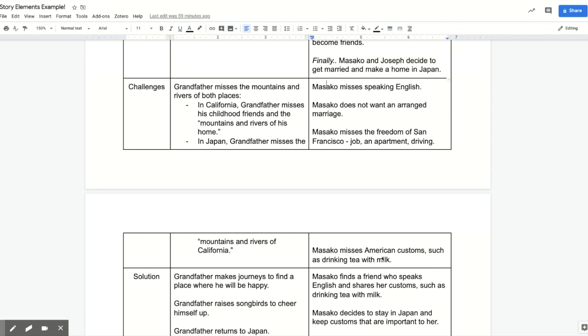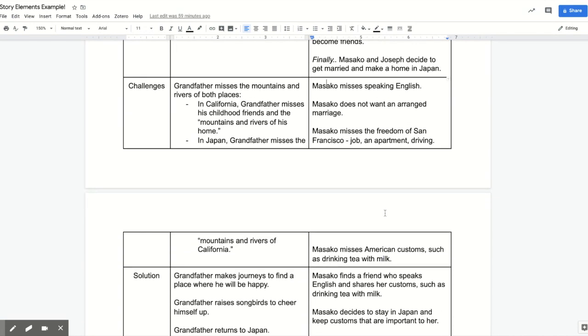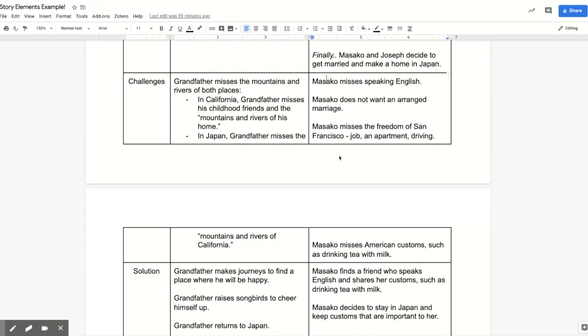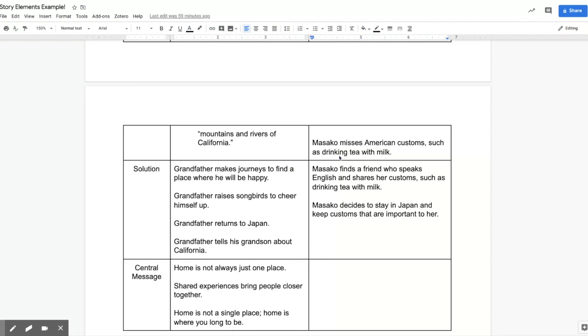Because she misses the customs, the ability to be free, to have a job, to have an apartment, to drive on her own. Whereas in Japan during that time, women who did those things were looked at differently, right? But again, reemphasizing that it is not like that today.